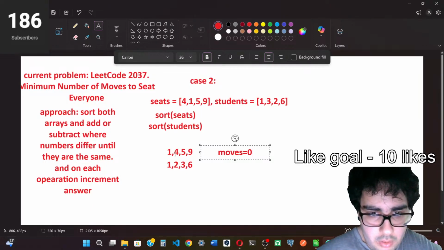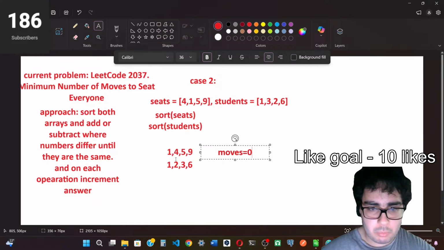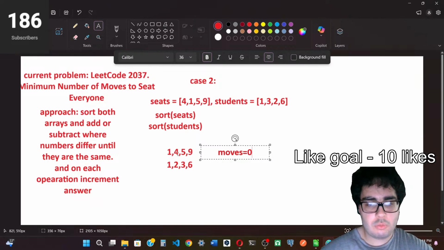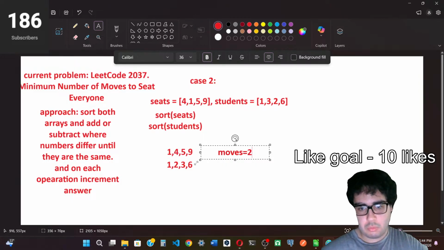Then we have 4 and 2, so we can either decrement 4 by 2, or we can increment 2 by 2, and in both cases this is going to give us 2. So it becomes 2.